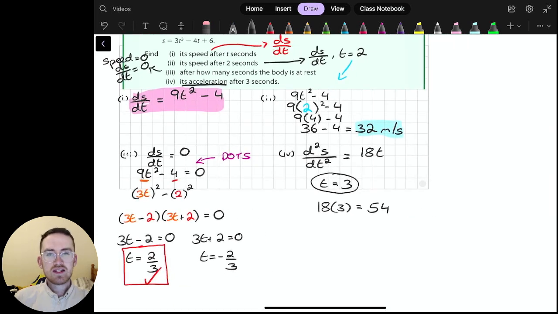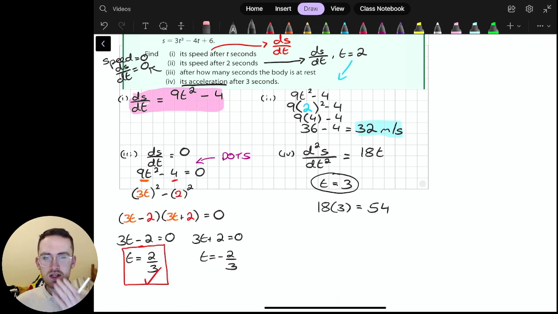Okay, so the key things there again are recognizing those common derivatives, those common rates of change, knowing that speed is the first derivative, acceleration is the second derivative. If the body's at rest, then the speed is 0. Remembering that again, speed is ds/dt, so that means ds/dt is equal to 0.